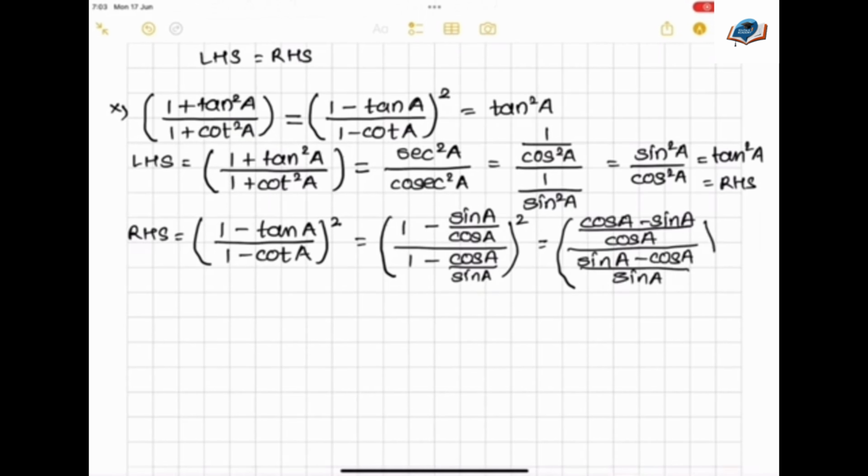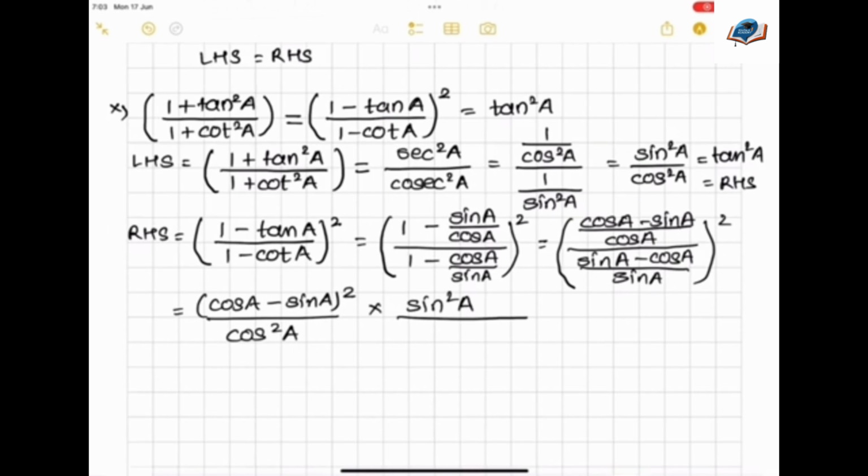So that will be equal to (cos A minus sin A) whole square upon cos square A, into sin square A upon (sin A minus cos A) whole square.